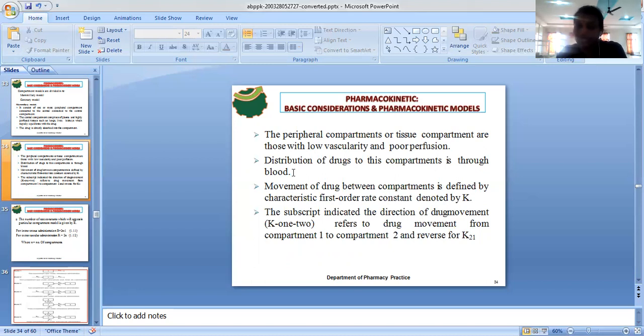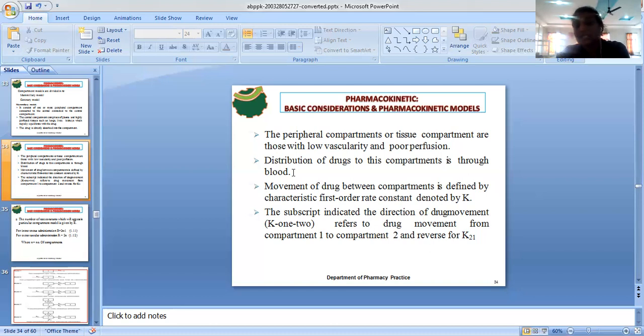Once the drug enters the central compartment, that may be the plasma or the highly perfused tissues such as liver, heart and kidney, the distribution occurs from the central compartment to the peripheral compartment, which holds the poorly perfused tissues.